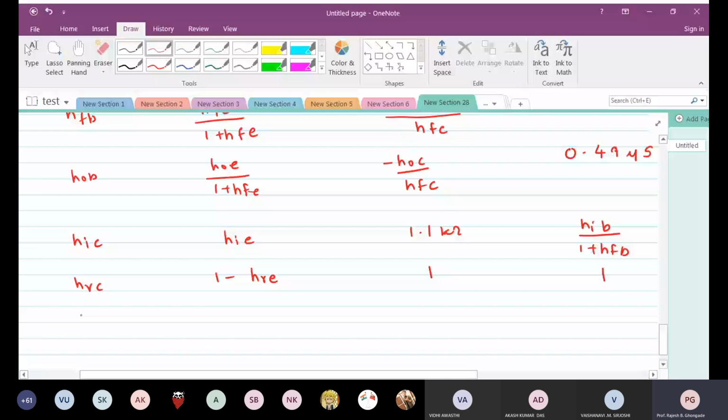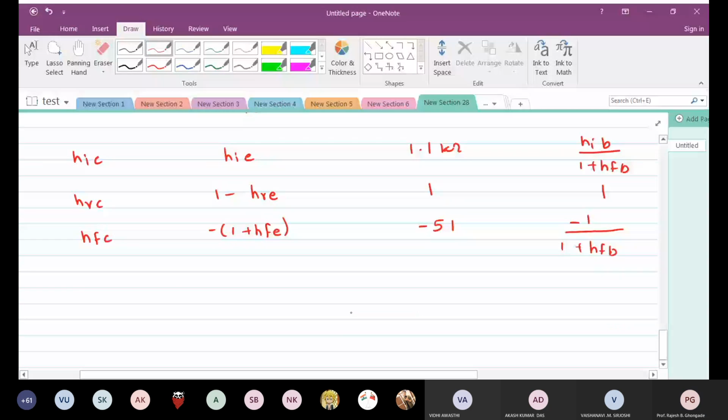HFC will be minus 1 plus HFE, minus 51, minus 1 divided by 1 plus HFB. Then we have HOC, same as HOE.